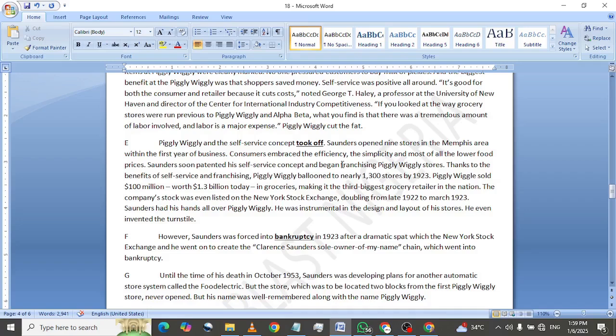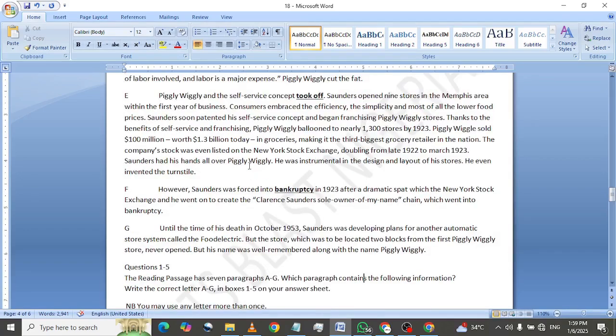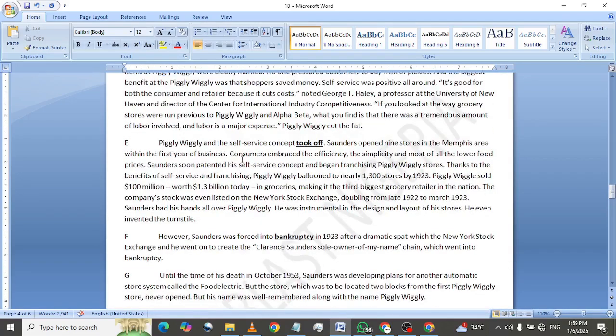So with this, you can see now that no matter how long the paragraph is, don't be scared of it. Just make sure you underline your keyword from the question and probably attach synonyms to those keywords, because that will help you in locating the exact paragraph where that statement is found.